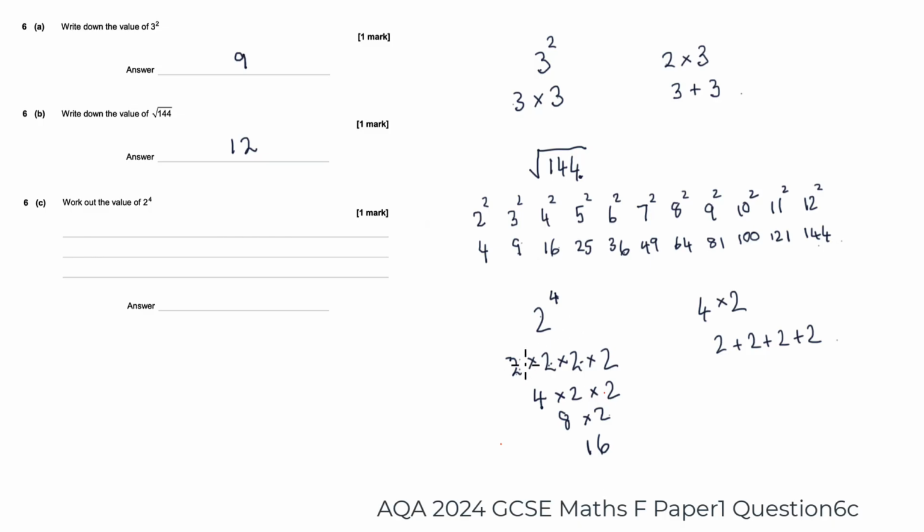So when we multiply 4 2's together, we get 16. We're doubling. 2, 4, 8, 16. So the answer is 16. And the working that you show for this would be something similar to this.